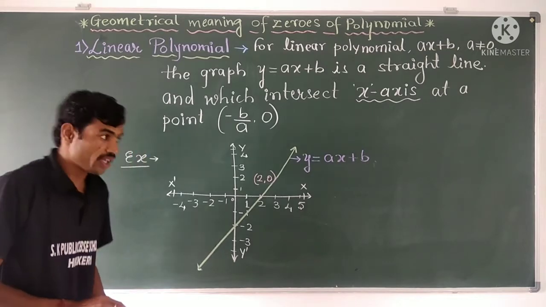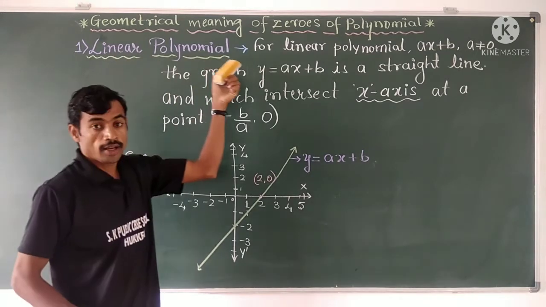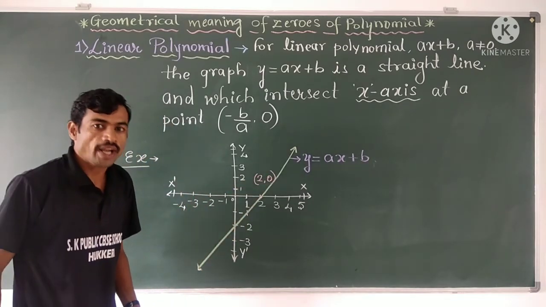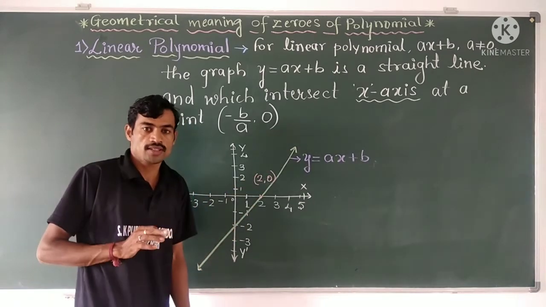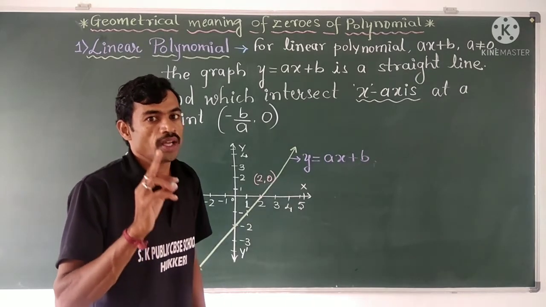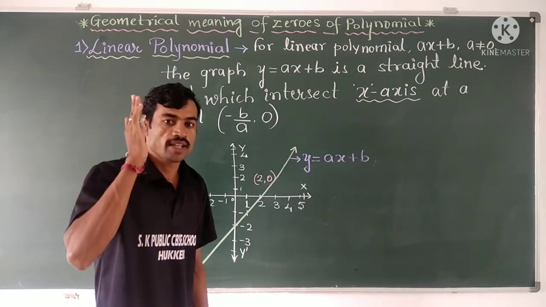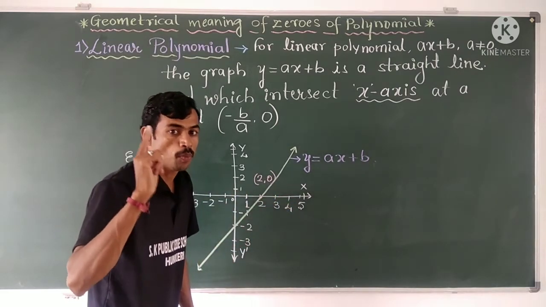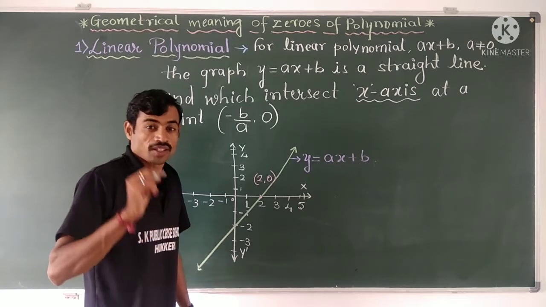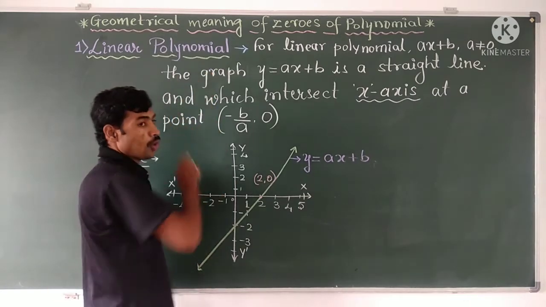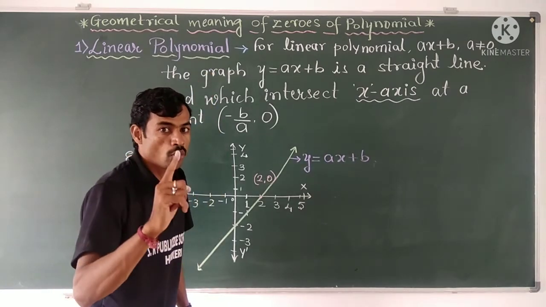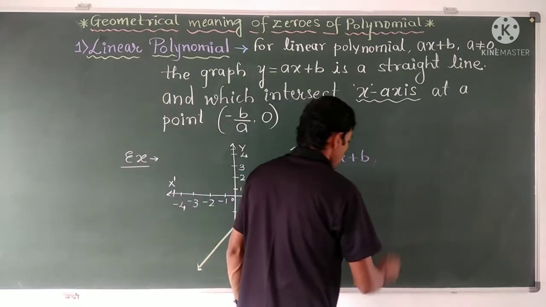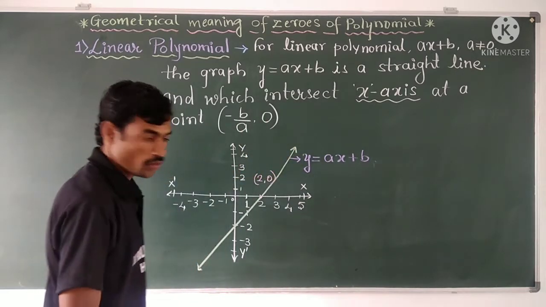So this is the graph of a linear polynomial that we have constructed. As we have discussed, a linear polynomial intersects the x-axis at only one point. That's why a linear polynomial has at most one zero. So what can we conclude?